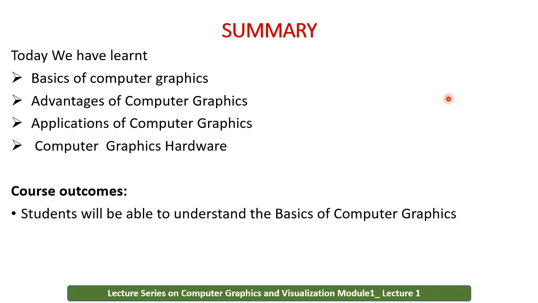In that we discussed the CRT, cathode ray tube, with its intensity, resolution and persistence rate, and how this supports the displaying of the picture depending upon the intensity level. With this you will be able to understand the basics of computer graphics and the hardware part required to understand graphics related things.